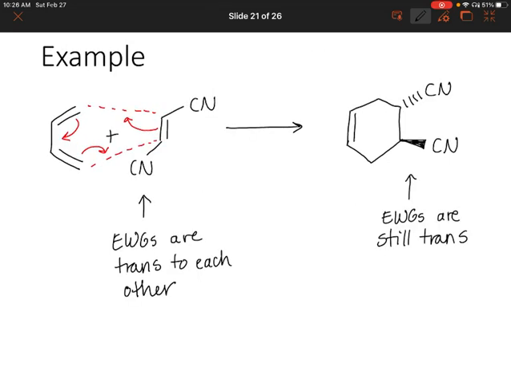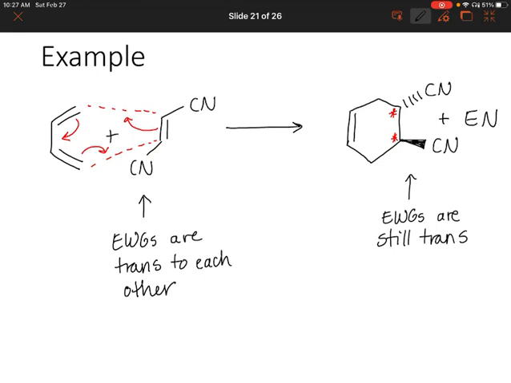But in this situation, we have two stereocenters, and what if we had drawn this the other way? What if the top cyanide was a wedge and the bottom cyanide was a dash? That would form a non-superimposable mirror image. So in this situation, we have an enantiomer that forms as well, so we actually get two products.